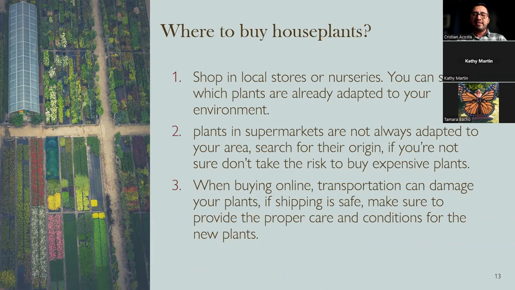Number one is how to know when the plants are already adapted to your region, your area. This is so simple: just shop in your local stores, nurseries, or greenhouses. You can see that they have the same plants year after year, and they are locally growing these plants, so they are already adapted.